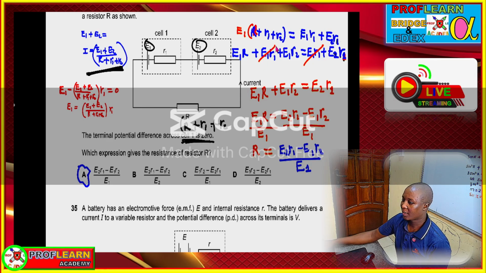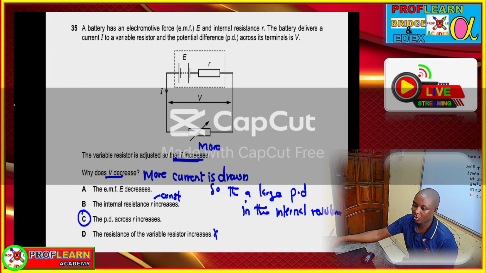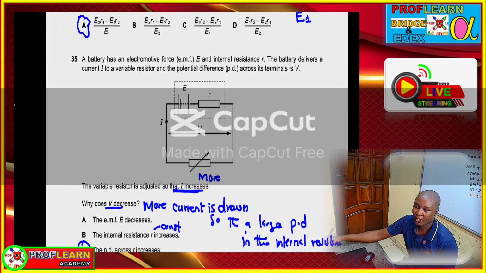We can see this part and this part will cancel out, and if you rearrange, we are finding resistance R. We are therefore going to say R equals (E2 R1 minus E1 R2), so basically that's what you're going to do in order to get that.